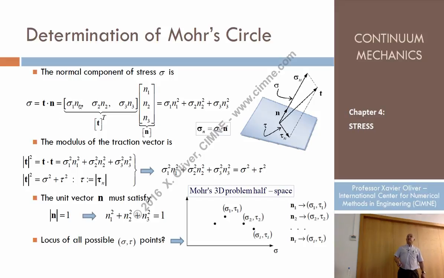So the t that we have found, transposed, times n, provides a result which is now a scalar, which is sigma 1 n1 square, sigma 2 n2 square, sigma 3 n3 square, which is sigma. This sigma also has sign. If sigma is positive, that means that this sigma has the sense of n. If this number is negative, that means that the sigma is against n.